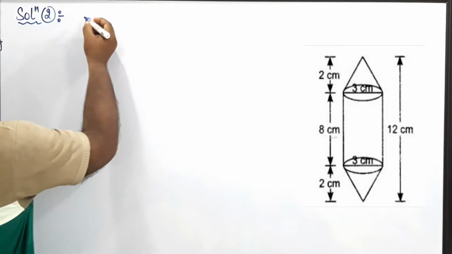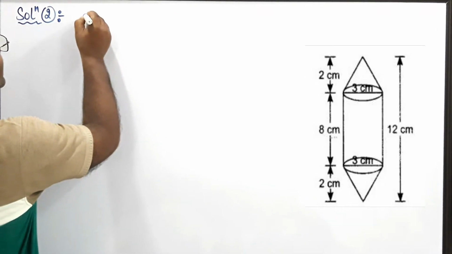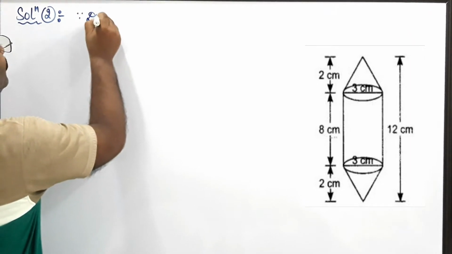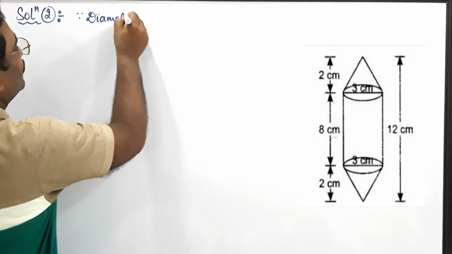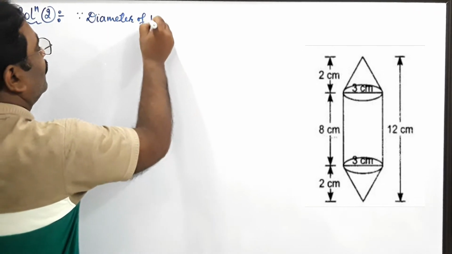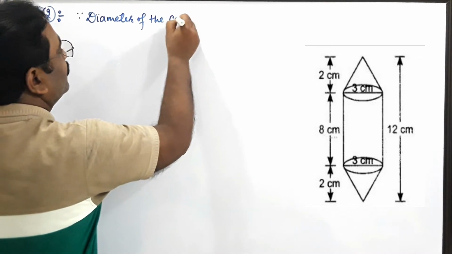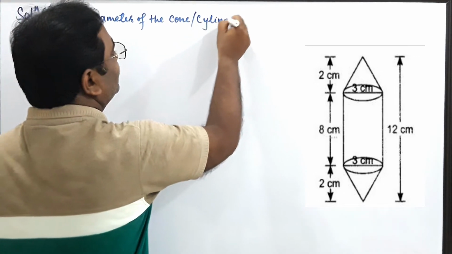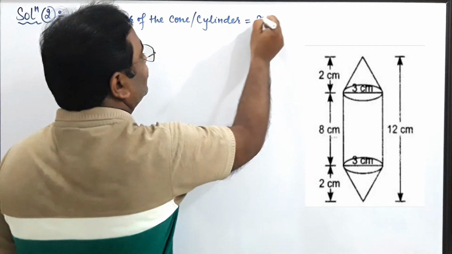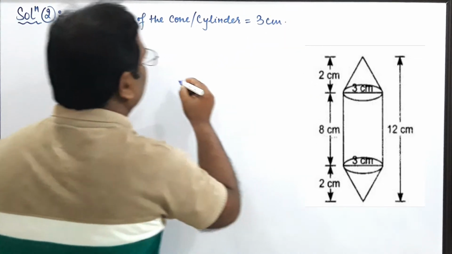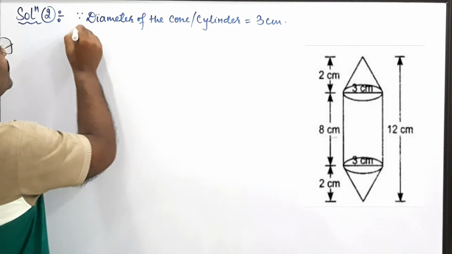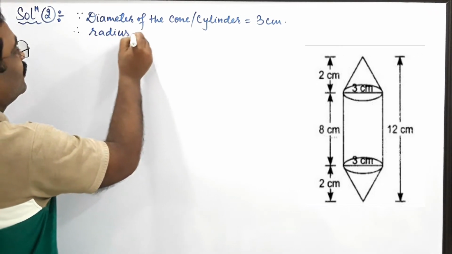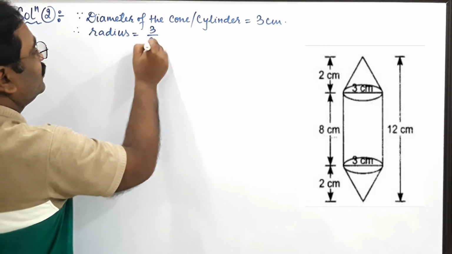So the diameter of the cone as well as the cylindrical part is given 3 centimeter. So the radius of both will be 3 by 2 centimeter.